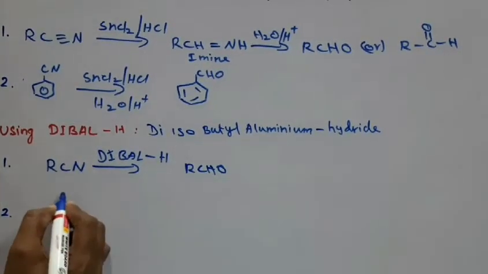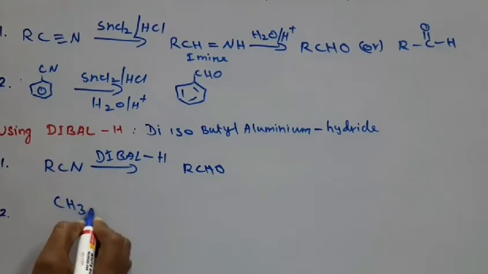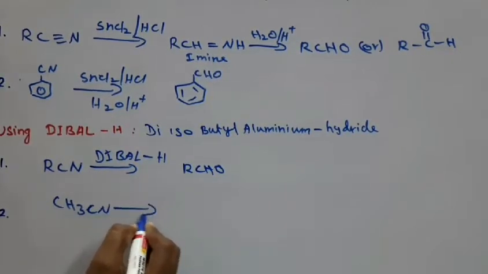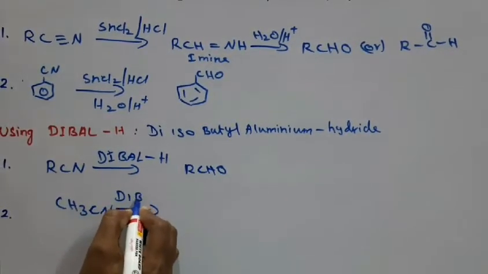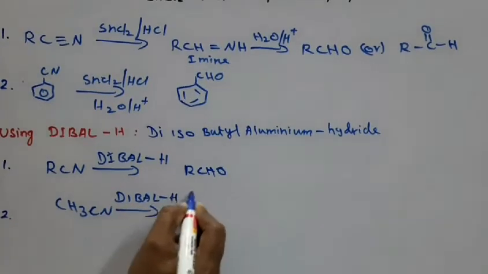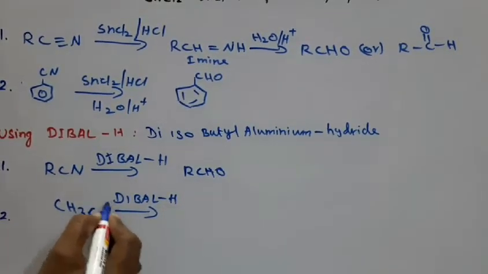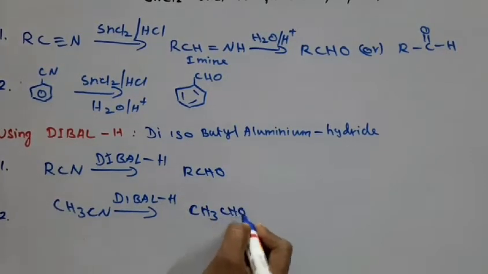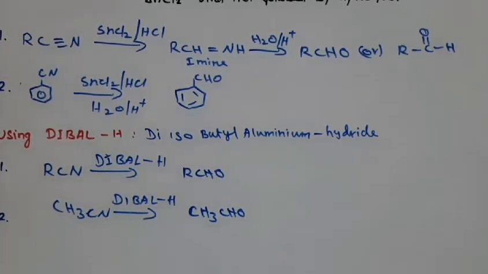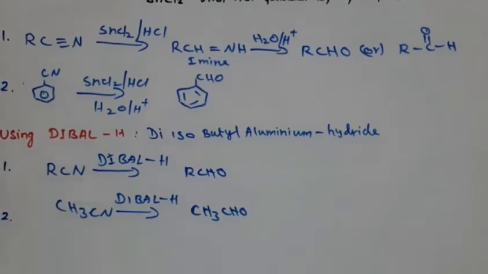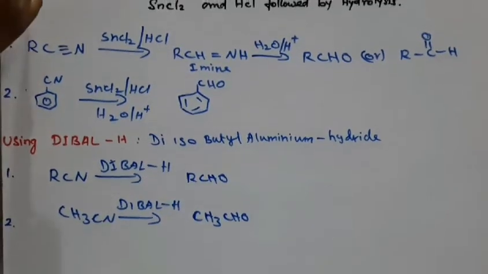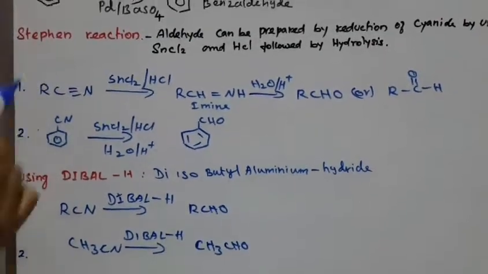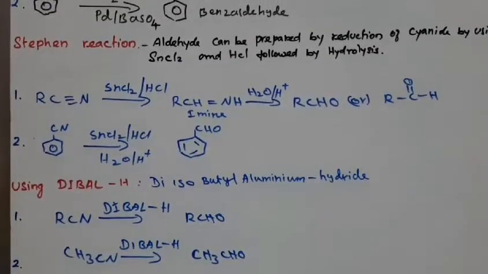Let me take an example, methyl cyanide: using DIBAL, the cyanide group is converted to CH3CHO. So, students, we studied the Rosenmund reduction reaction and the Stephen reaction.